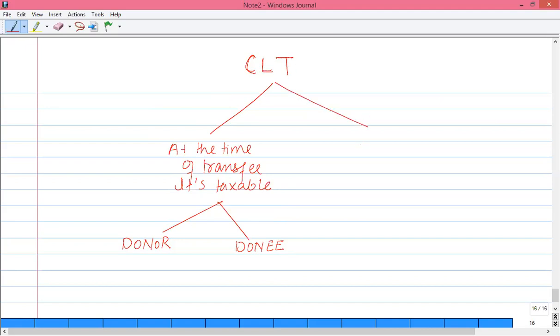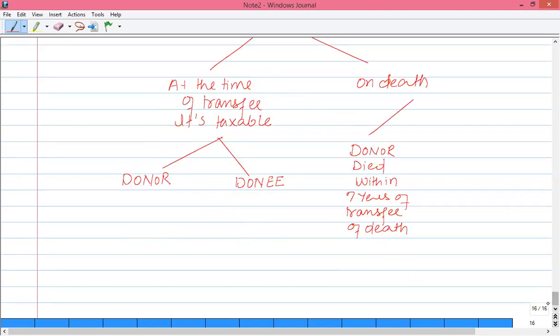And as far as on death, if donor died within 7 years of transfer of gift, then further tax is to be paid.